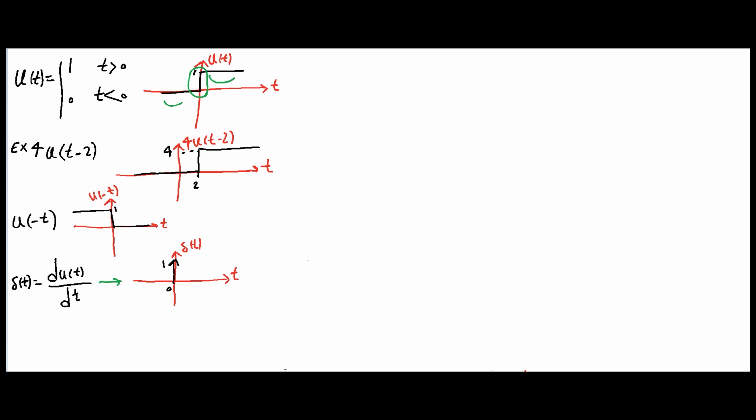Now suppose they give you a signal x(t) = 2u(t - 1) - u(t + 2), and they ask you to draw it.